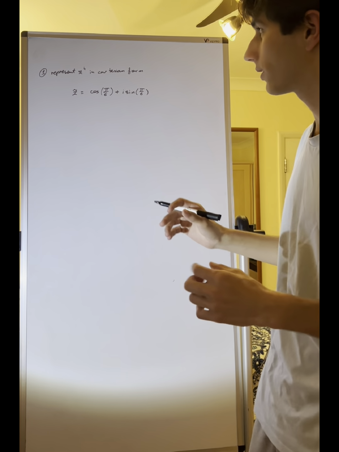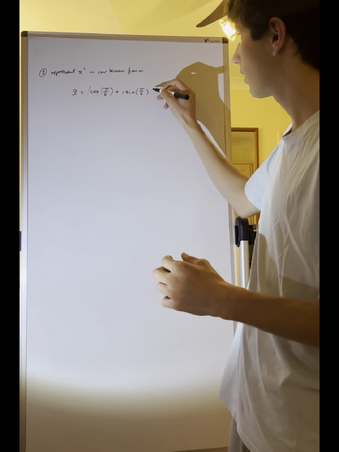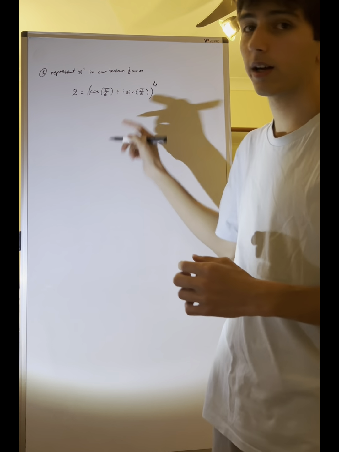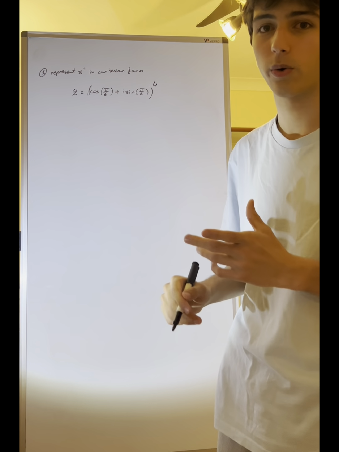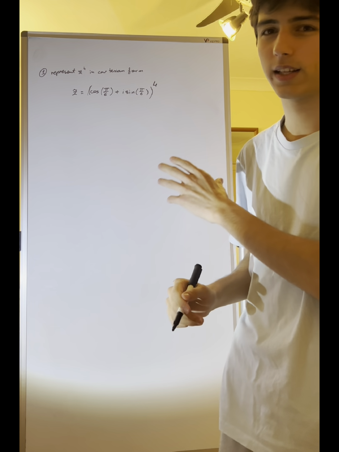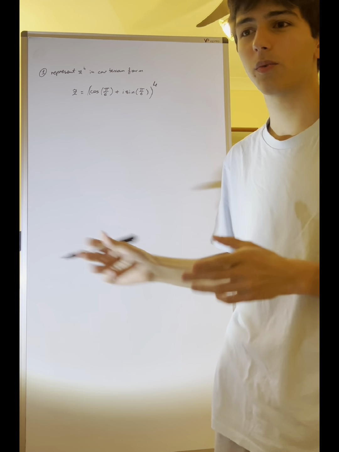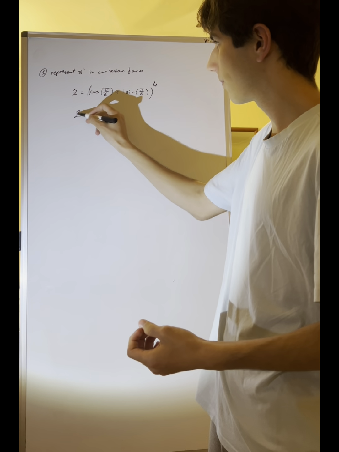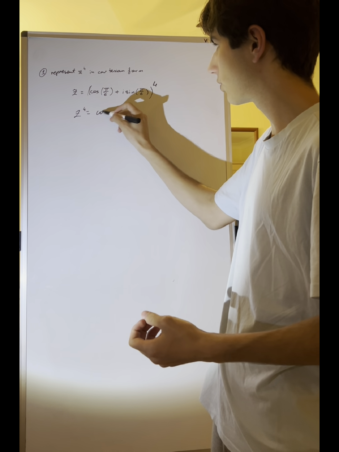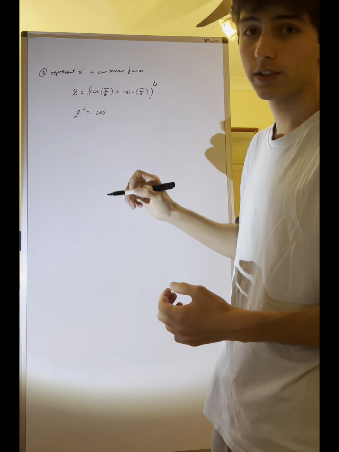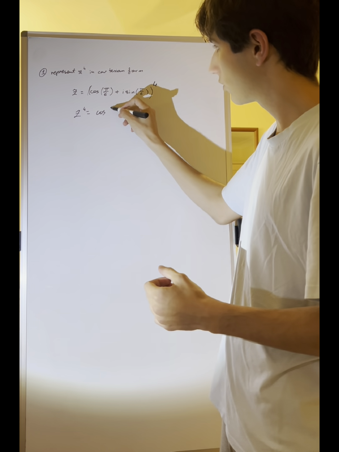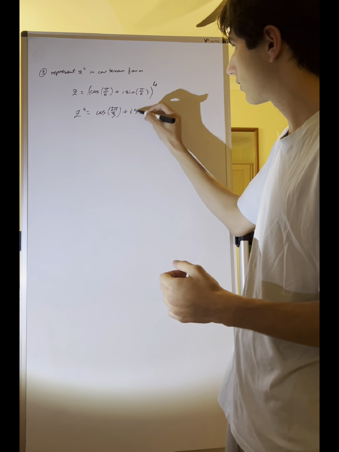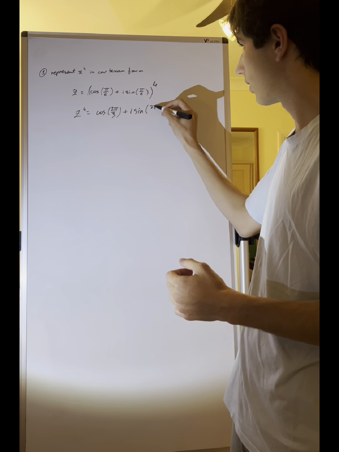So to do that, as we've just seen, what we can do is multiply the angle by 4. In this case, we don't have to do anything with the modulus because 1 raised to the 4 is still 1. So z to the 4 is going to become cosine of 4 pi over 6, which is 2 pi over 3, plus i sine 2 pi over 3.